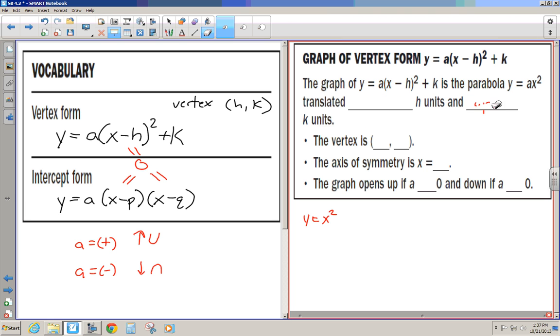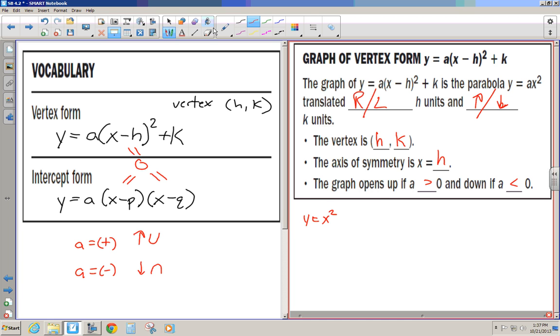I'm going to erase the words and say right or left and up or down k units. The book uses horizontal movement and vertical movement. The vertex is at (h, k). The axis of symmetry is at x equals h. And the graph opens up if a is greater than 0 and down if a is less than 0.